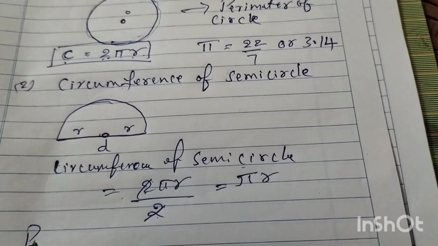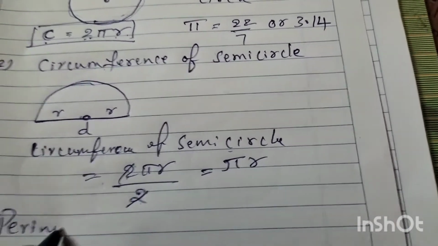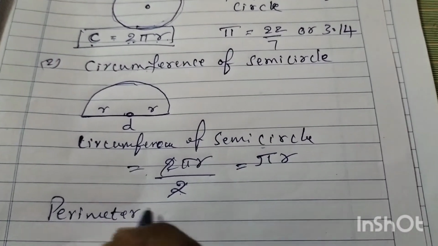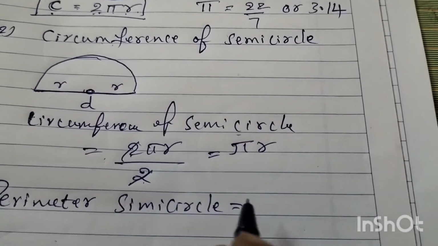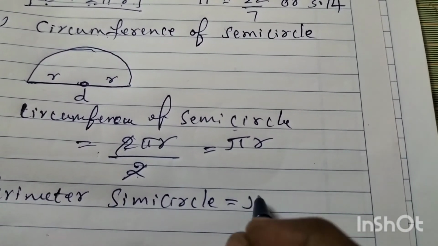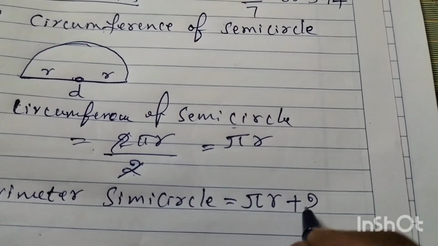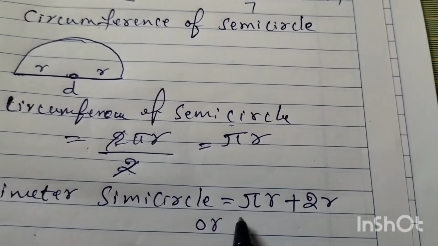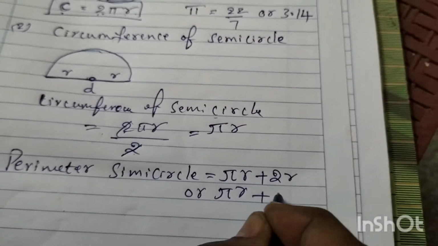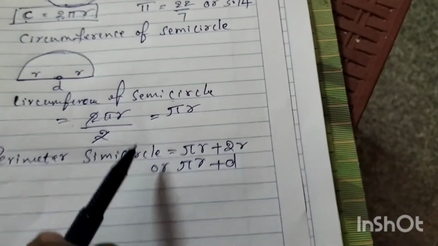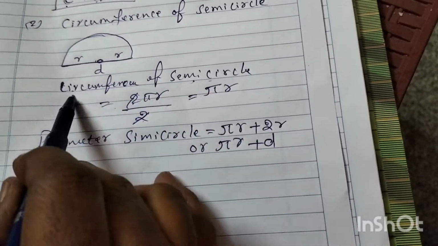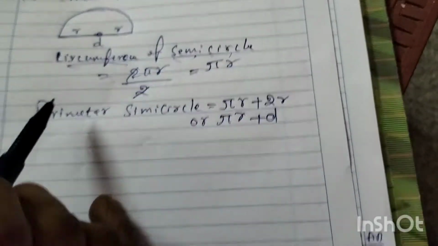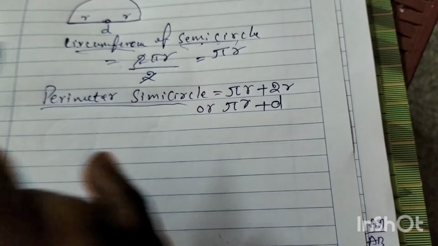In the case of perimeter of semicircle, it is equal to pi r plus 2r, or pi r plus d also. Why this? What is the difference between circumference of the semicircle and perimeter of semicircle?